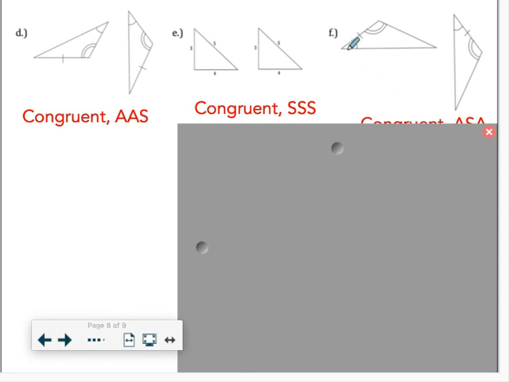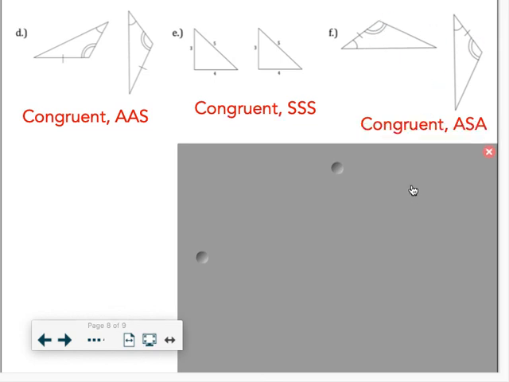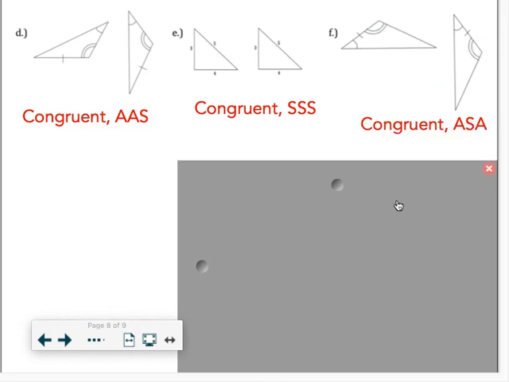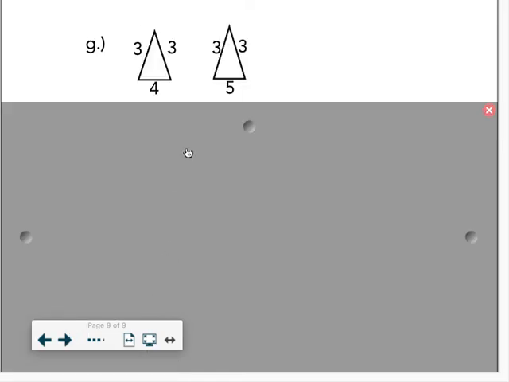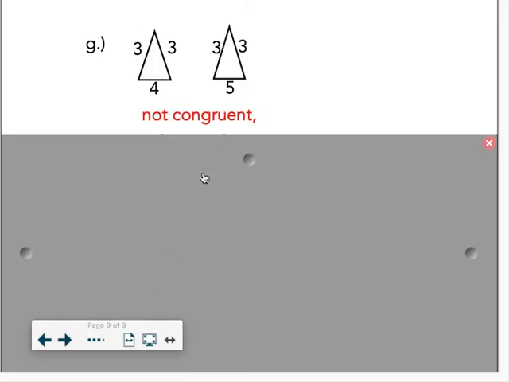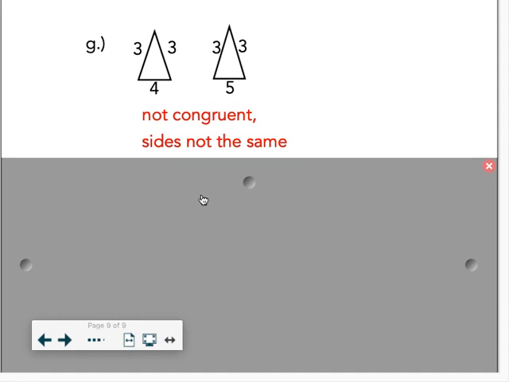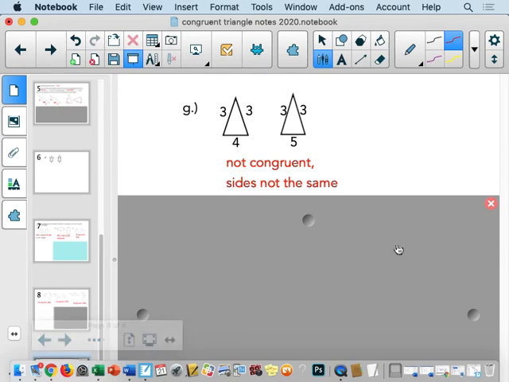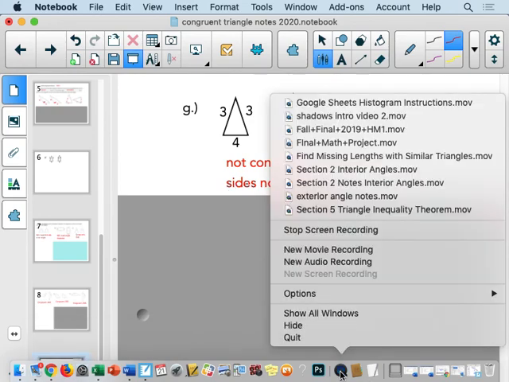F, angle, side, angle, angle, side, angle. The markings are the same. They are congruent. And on G, this is an example of not congruent. The sides are not the same. That concludes our notes for section 6.